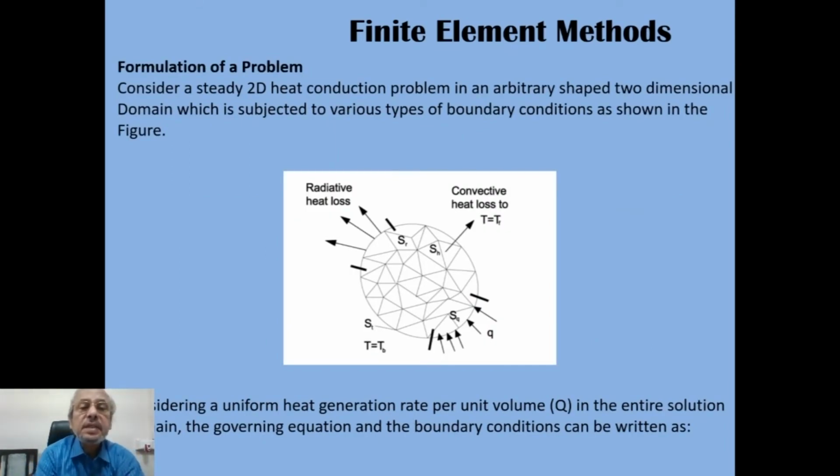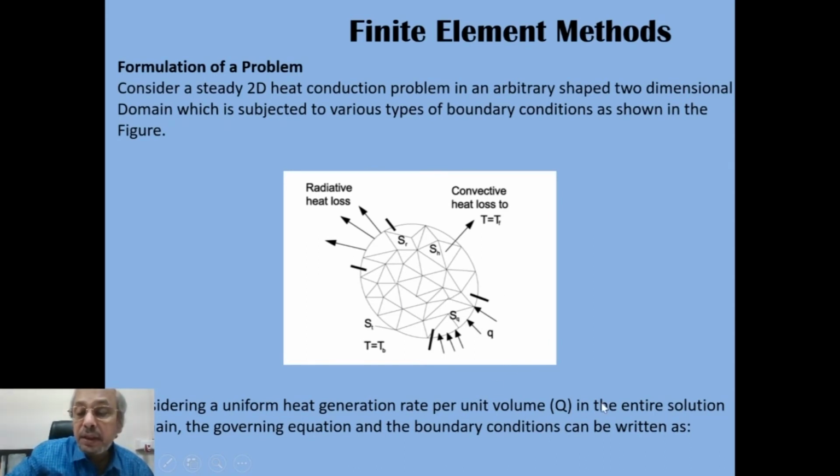So consider a steady 2D heat conduction problem in an arbitrarily shaped two-dimensional domain which is subjected to various types of boundary conditions. This is a very arbitrarily shaped body, and we will find the temperature distribution on this body, which generates energy also, considering a uniform heat generation rate.